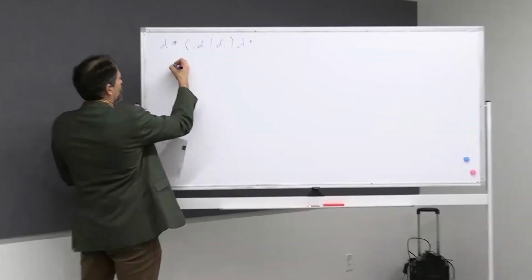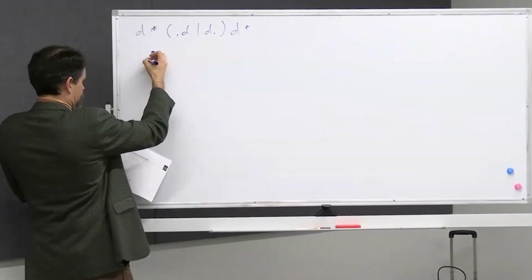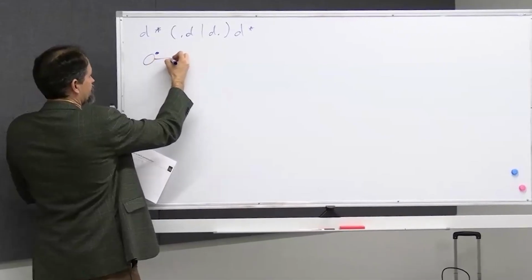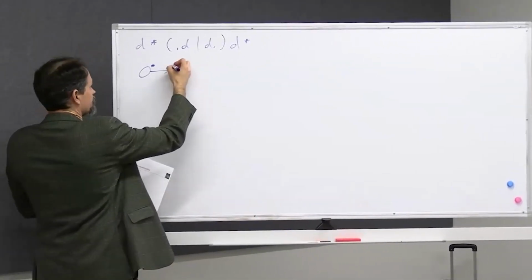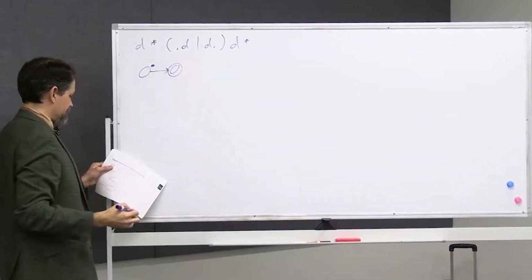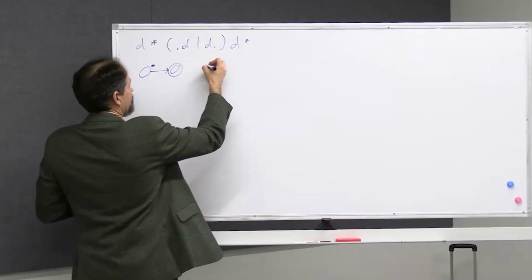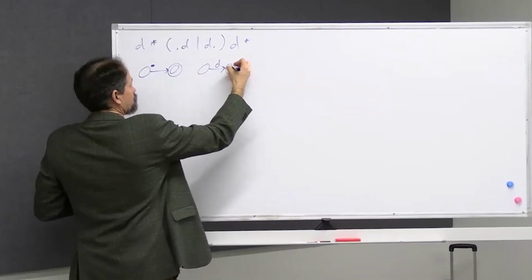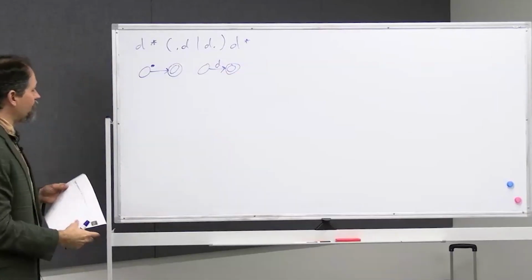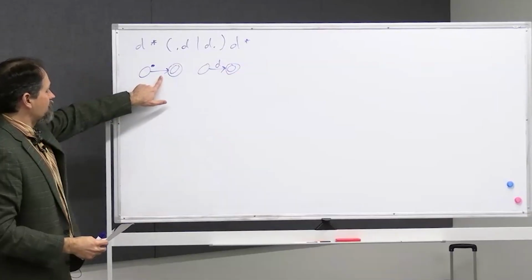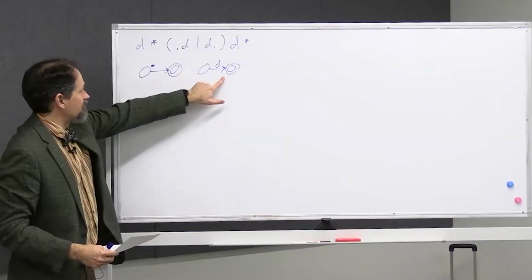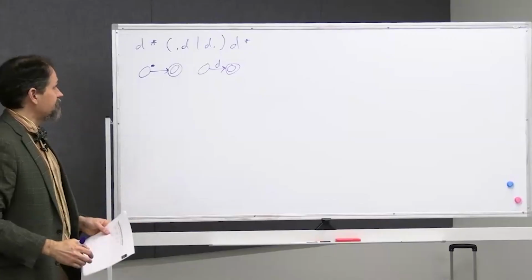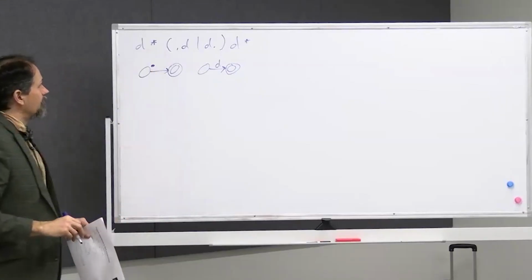So for a dot transition, we'll have the start state, and on a dot, we'll go to the final state. Similarly, when we get a D, we'll transition from start to final state. And now we have a non-deterministic finite automaton for dot and for D. Given that, we can compose them.